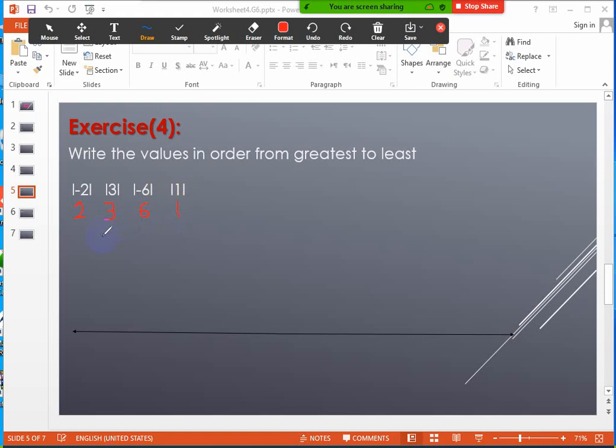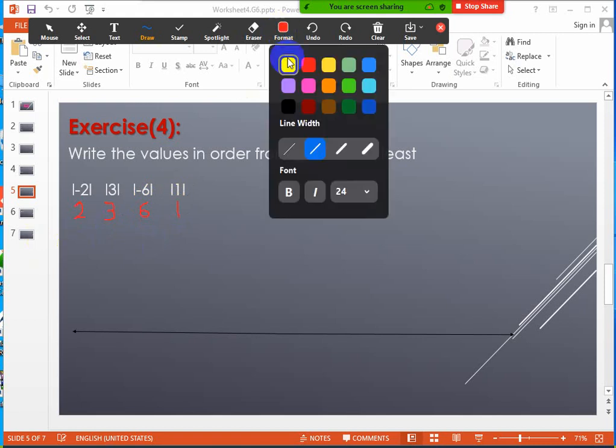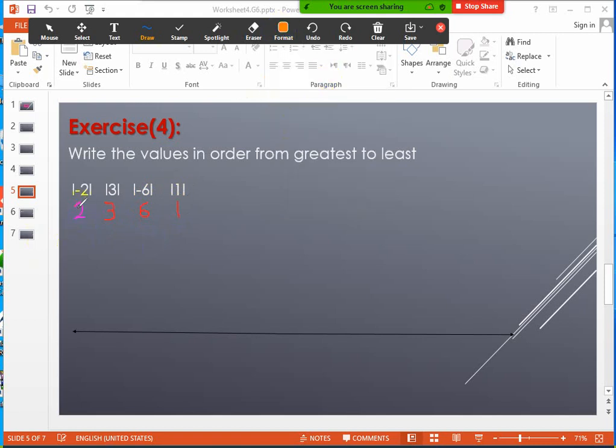One. Very good. Now I want you to order the numbers from the least to the greatest. The least one is what? 1. That means I will choose the absolute value. Yes, I will order it first. 1 and 3 and 6.